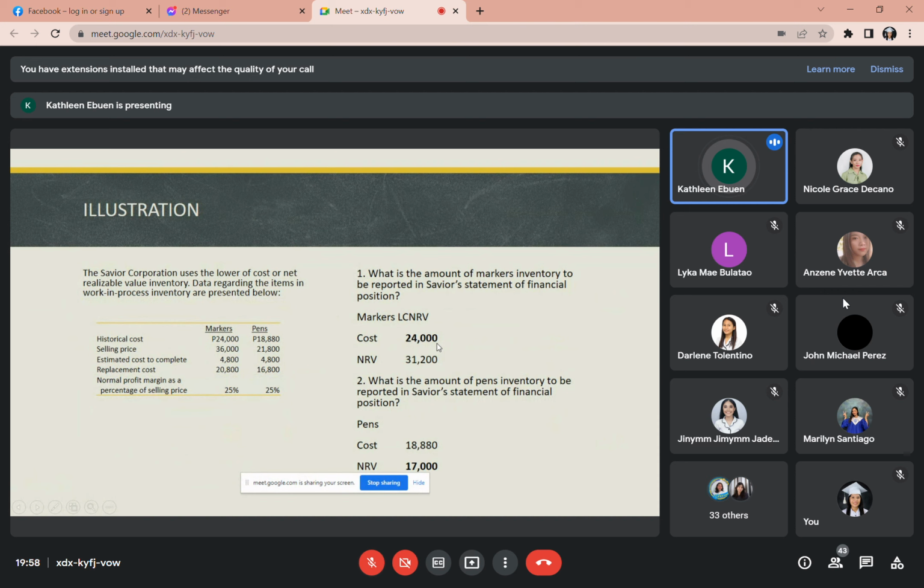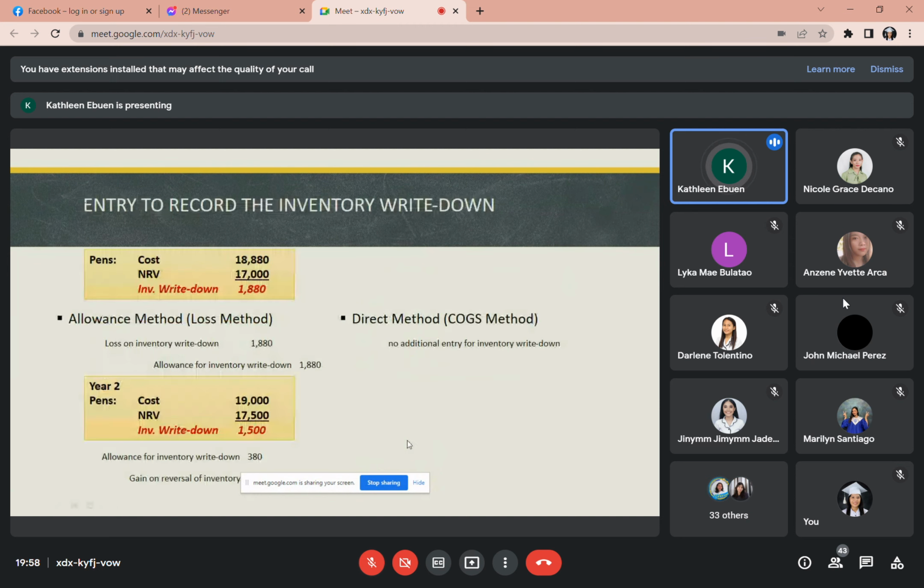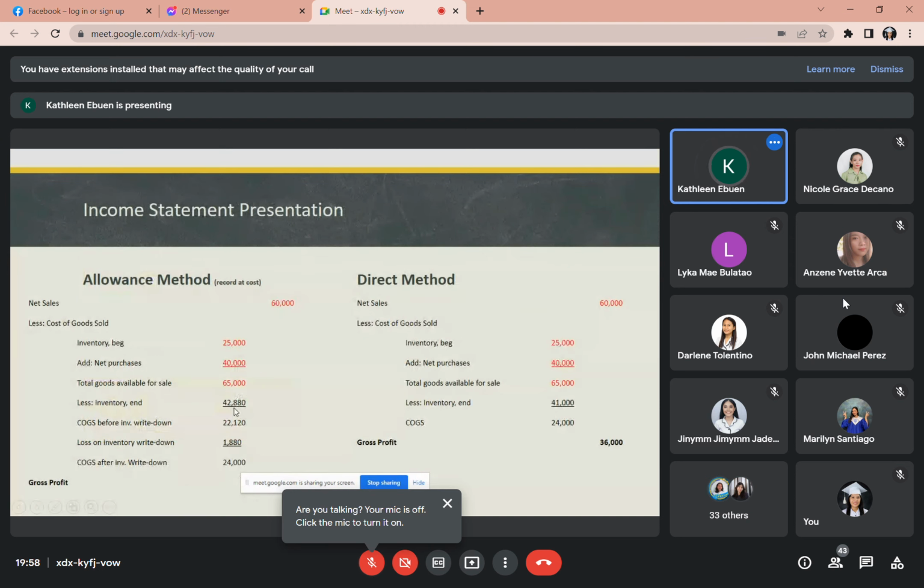So for markers, i-record natin siya at 24,000. Si pens naman, i-record natin at 18,880. So at cost. So pag pinag-add natin yan class, lalabas po 42,880. Okay. And then we compute for the cost of goods sold. So 65,000 less 42,880.